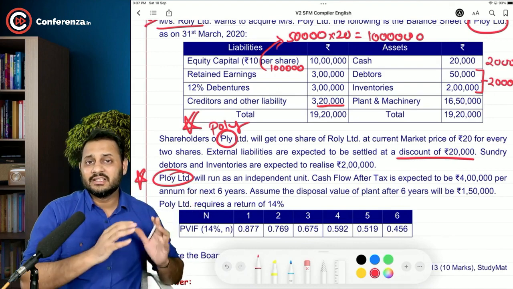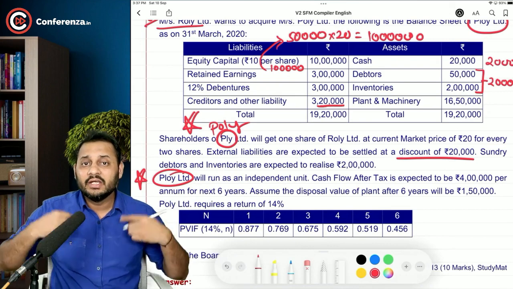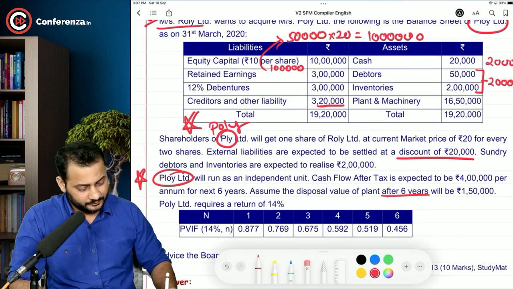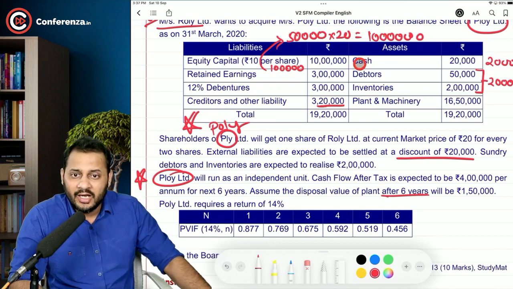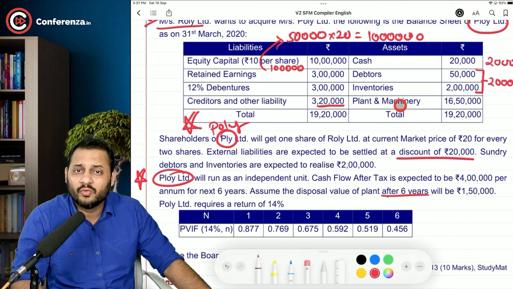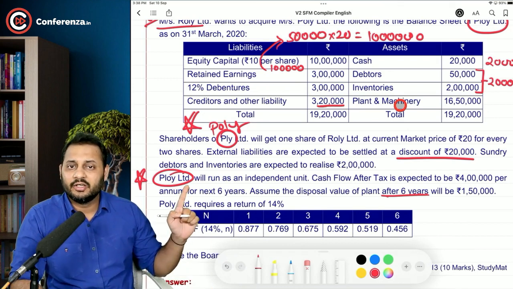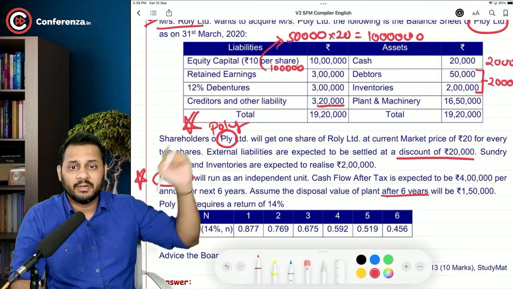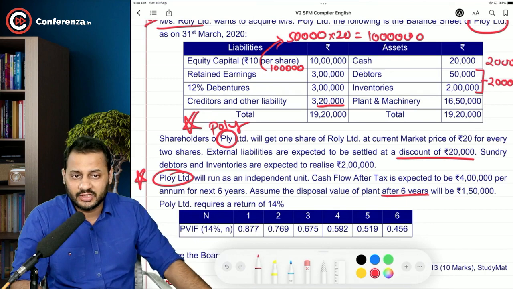This entire business that we are going to buy will be operated for another 6 years. See, you will settle everything, but plant and machinery, you are acquiring the plant and machinery for 16 lakh 50,000 and that's the only thing required to run this operation. So this independent unit will run for 6 years with that plant and machinery of 16 lakh 50,000.